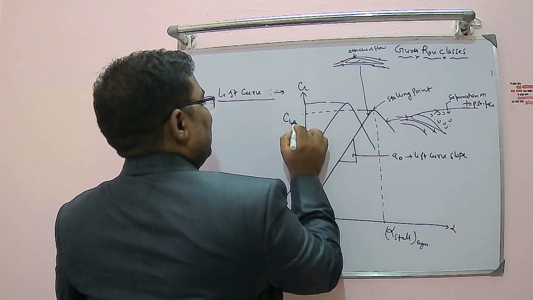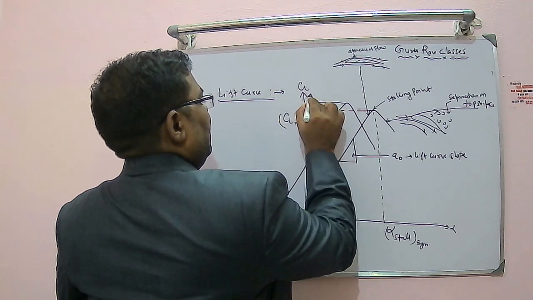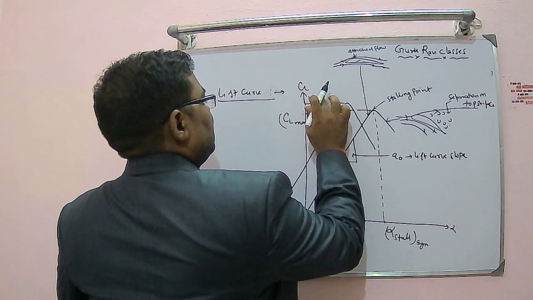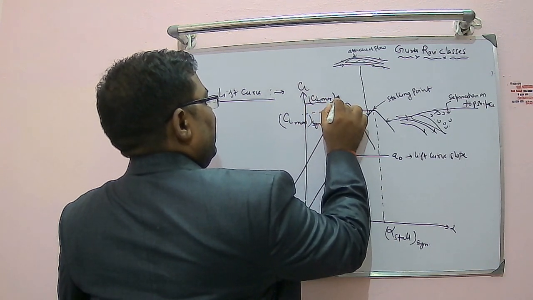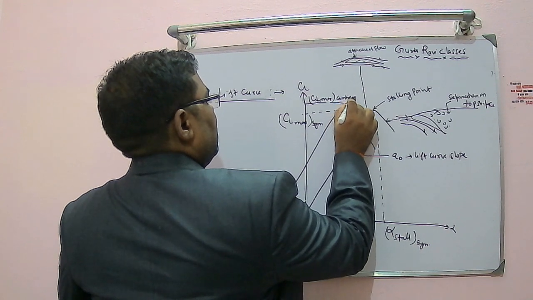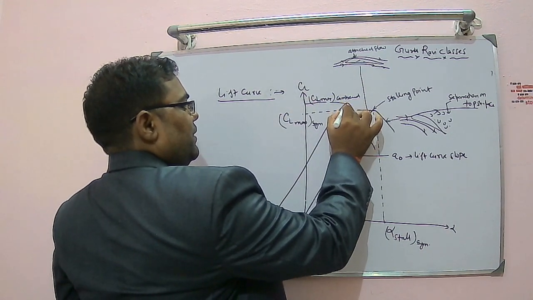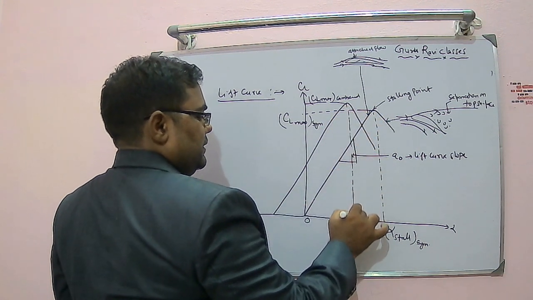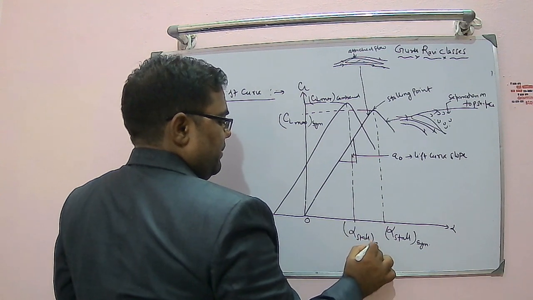This is known as maximum CL. This is the case of symmetrical, and this is the CL max for cambered or unsymmetrical, and the corresponding stalling. This is the alpha stall for cambered.